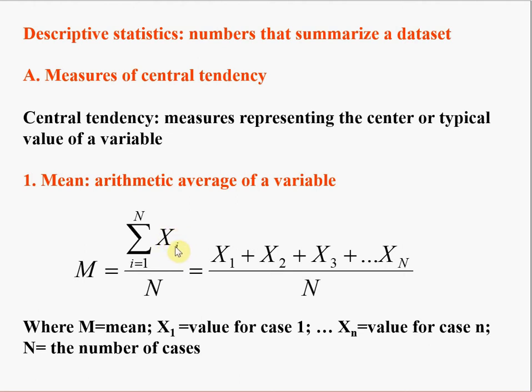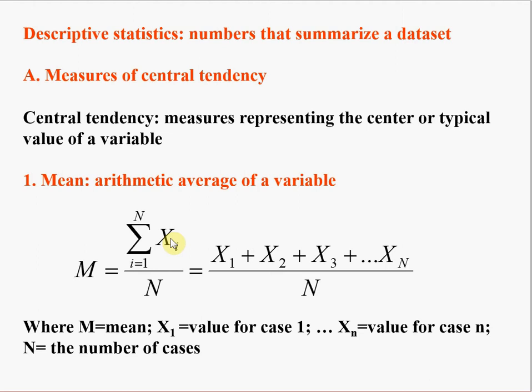X subscript i runs from number 1 all the way through number n. N means the number of cases, the number of observations for this variable. You may have number 1, number 2, number 3 until number n. And so i will run from 1 through n.